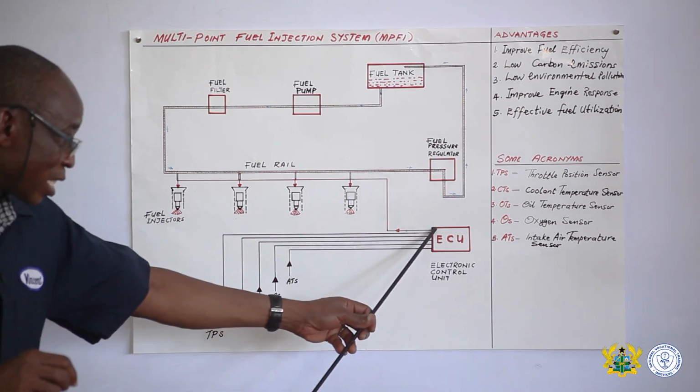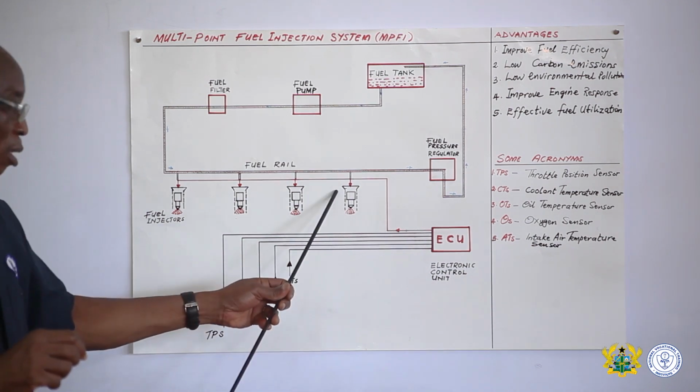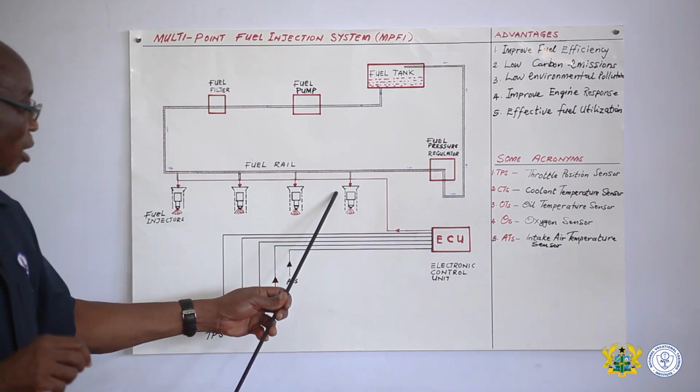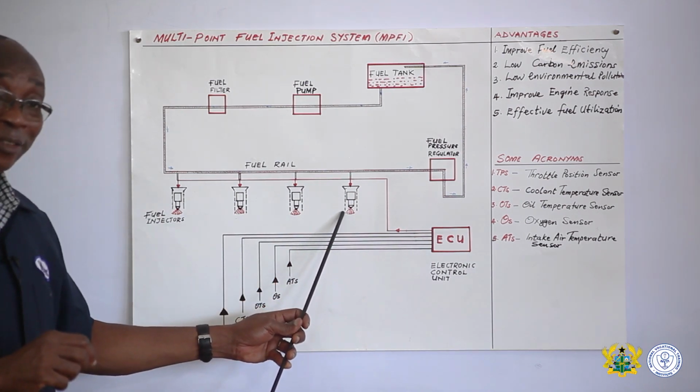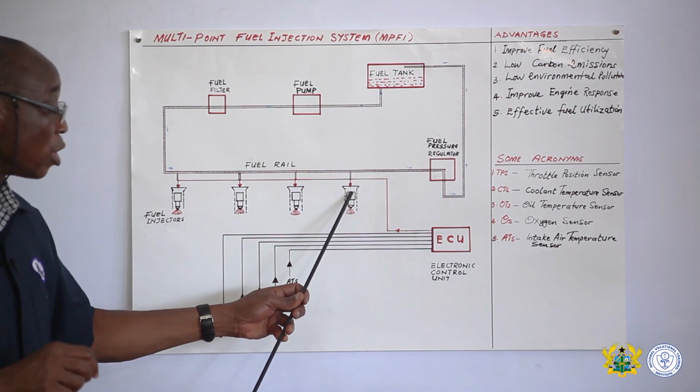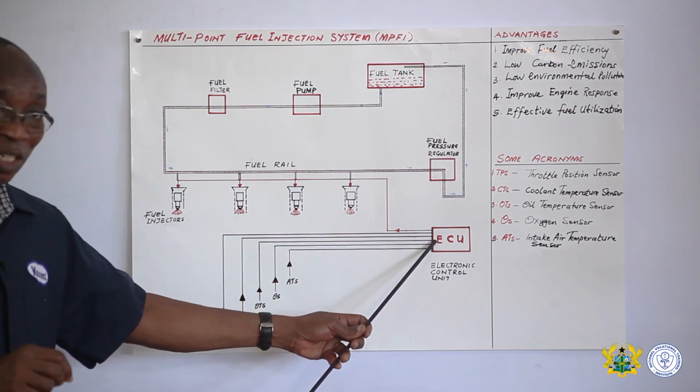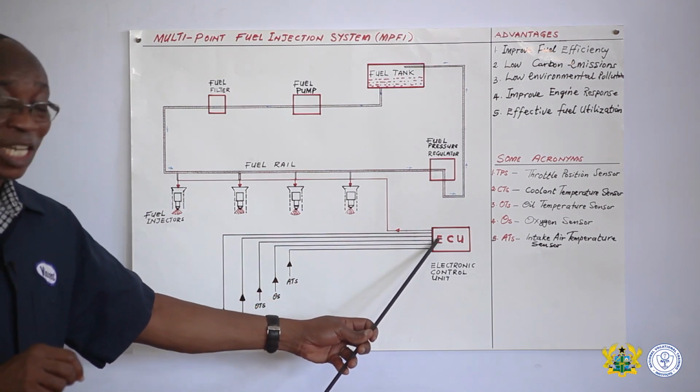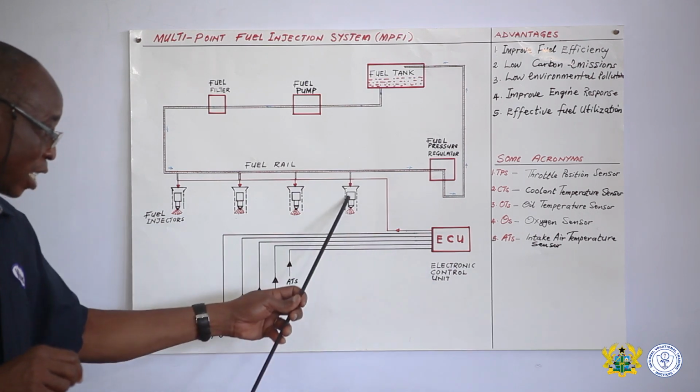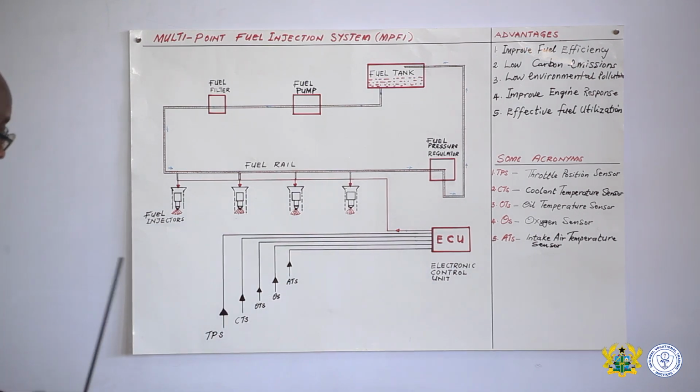Then it will convert that signal into an input for the injector. The injector will open according to the ECU information it has received. It is calibrated and calculated. It uses that data to inform the injectors to supply the fuel accordingly.